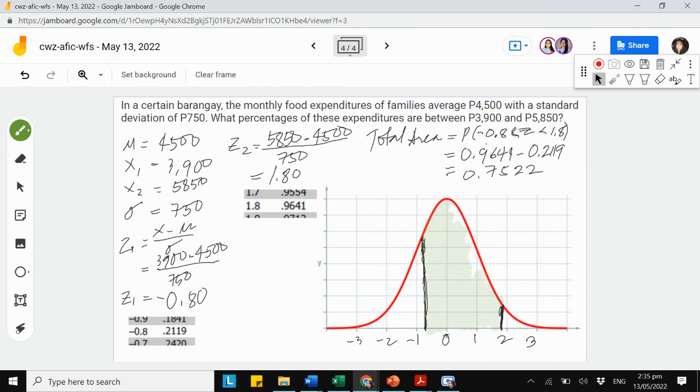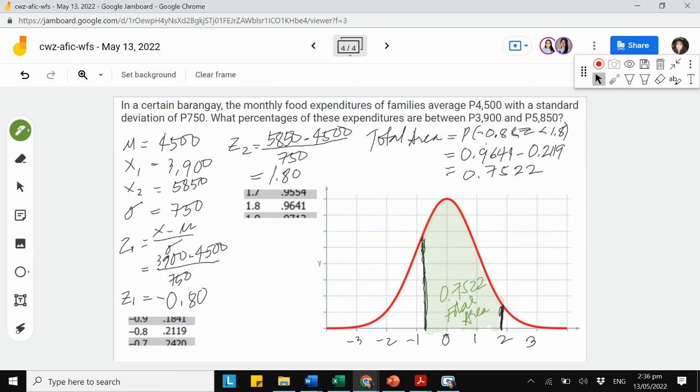Okay? Question, guys? Clarification? Now, by the way, guys, i-label din nyo po para lang just to make sure. So, ito yung mismong total area, ito yung 0.7522 total area.